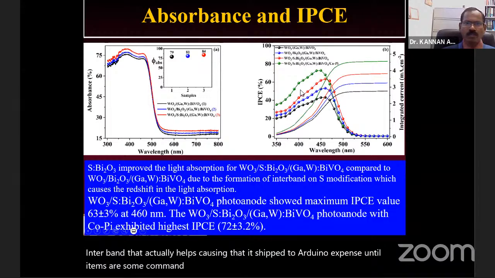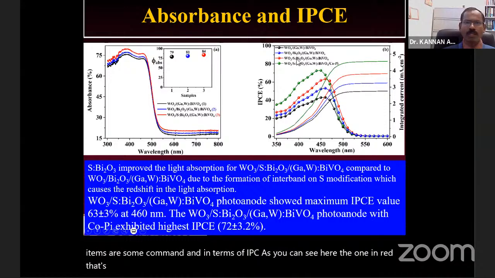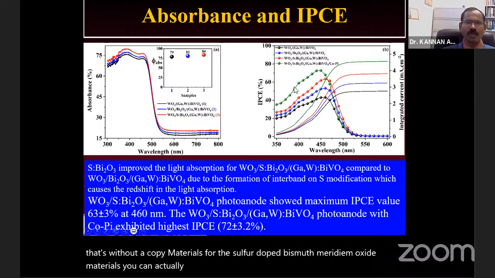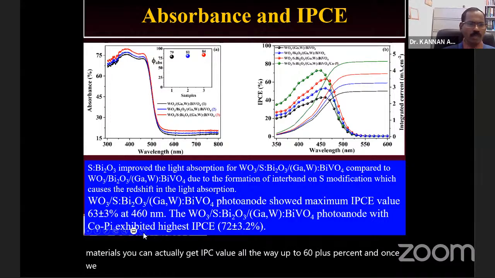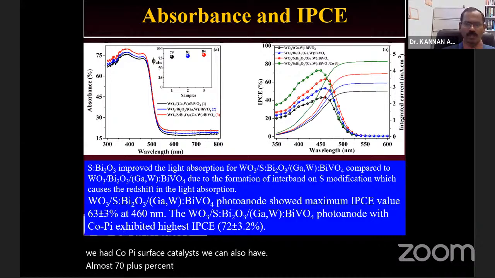And in terms of IPCE, as you can see here, the one in red is without the co-catalyst materials for the sulfur doped bismuth vanadium oxide. You can get IPCE values all the way up to 60+%. And once we add the co-catalyst surface layer, we can have almost 70+% IPCE.